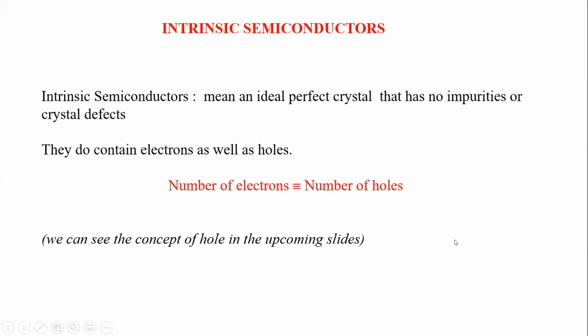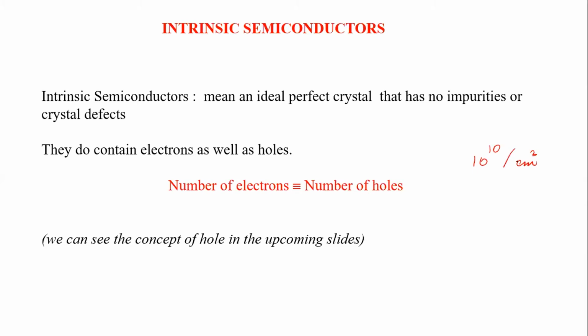Then you can ask me, sir, you told us that in a practical case you cannot avoid impurities or defects, so how can it be intrinsic? In those cases we watch the carrier concentration. Normally in the case of silicon, the range is 10 power 10 per centimeter cube.